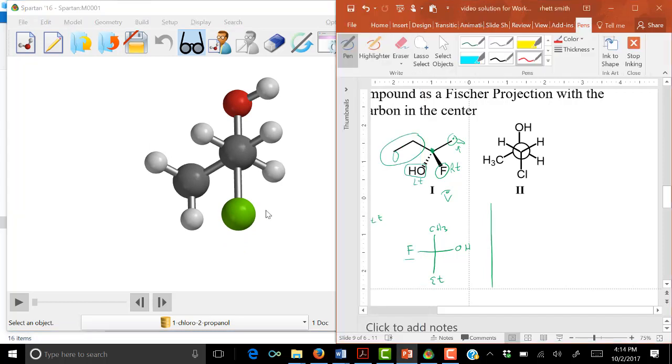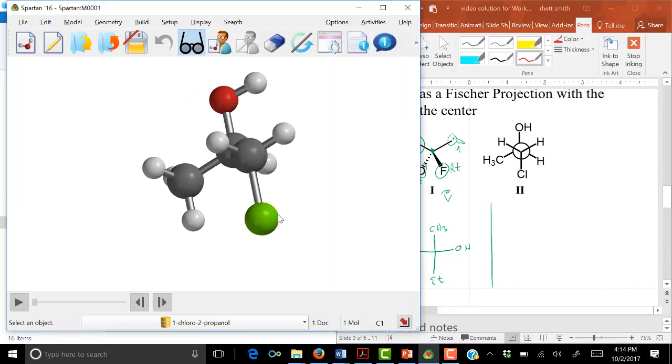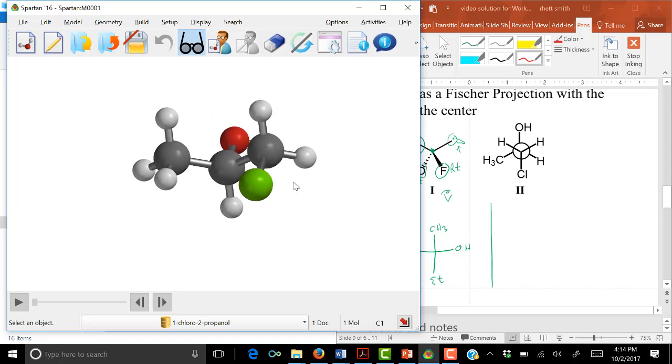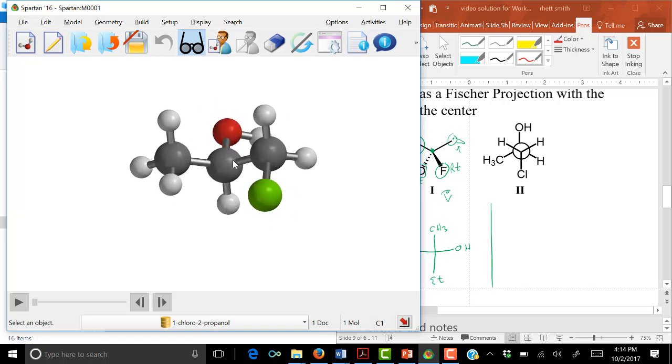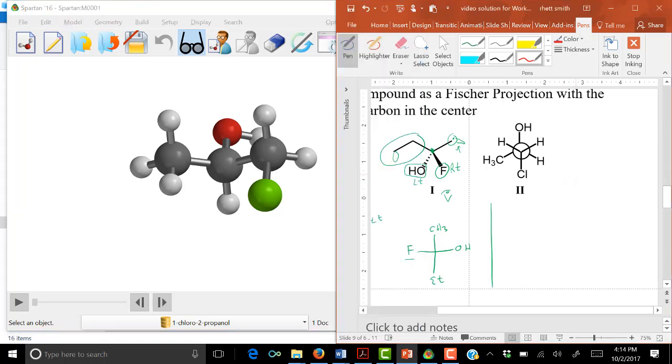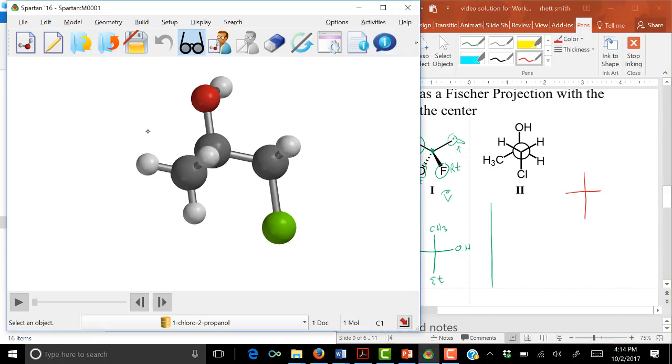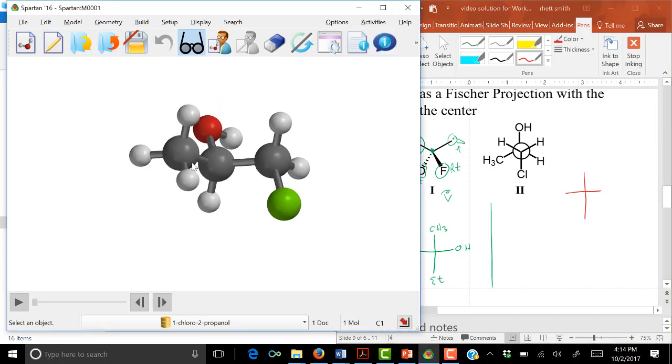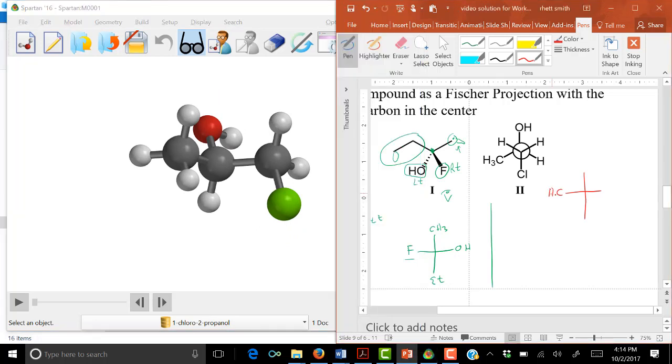Now a Fischer projection, we can rotate this any way we wish, but the Fischer projection has the two horizontal groups coming towards us. So if I go over and try to draw this, I could draw in my scaffold, and I would say I have a CH3 group coming towards me on this side. So I could fill that in over here.